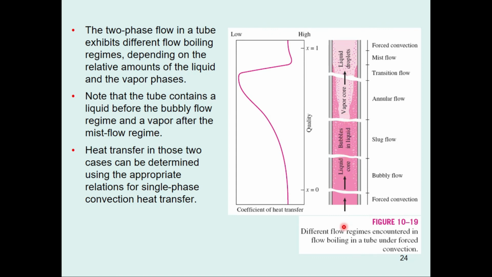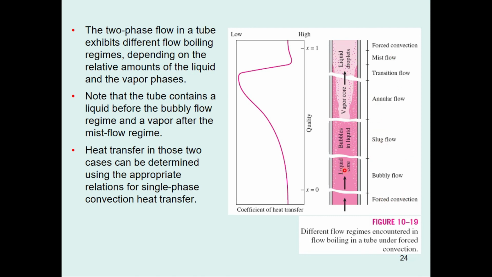For example, there is a pump pumping the fluid inside the tube, and we are providing some sort of heat from outside the tube, and there is the boiling as well as the flow inside the tube. So there is the variation of the heat transfer coefficient along the length of the tube, and the flow boiling regimes encountered in this tube under the forced convection are given here.